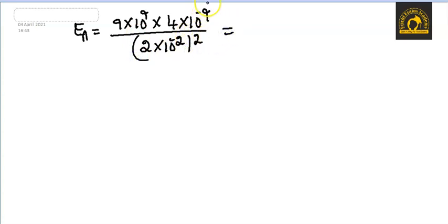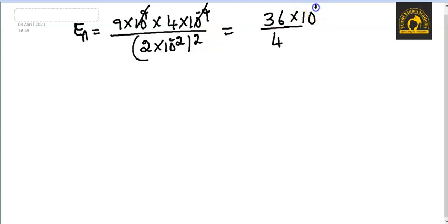This and this cancel. 36 divided by 4 into 10 to the power of plus 4. So the resultant electric field is equal to 9 into 10 to the power of 4 Newton per coulomb.